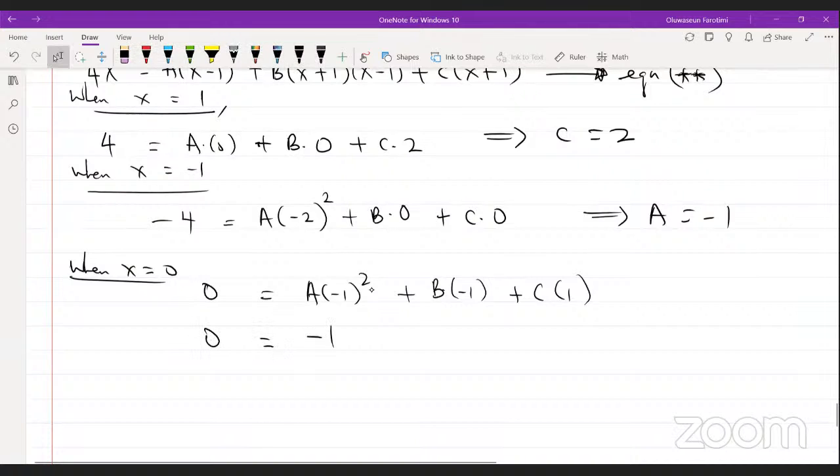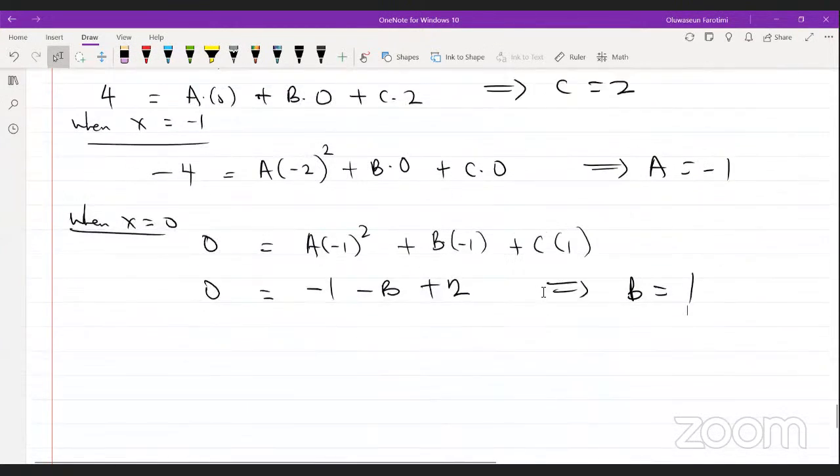I already know my a and c, not b. B is what we're looking for, right? a is -1, c is 2. Apparently, guys, my b is just going to be 1. Make sense? So that's step 4.